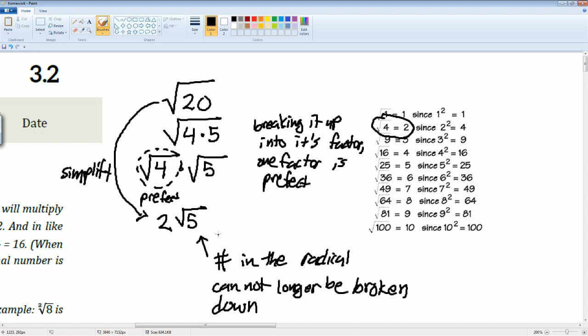This is when it's simplified. And again, how do we break it down? We break it down into its factors using the perfect square roots. So that's how we do it. Have this memorized.